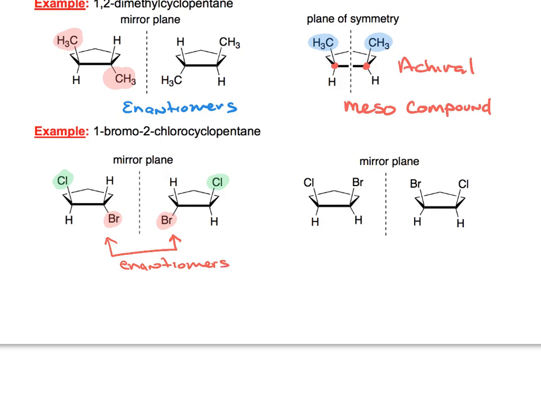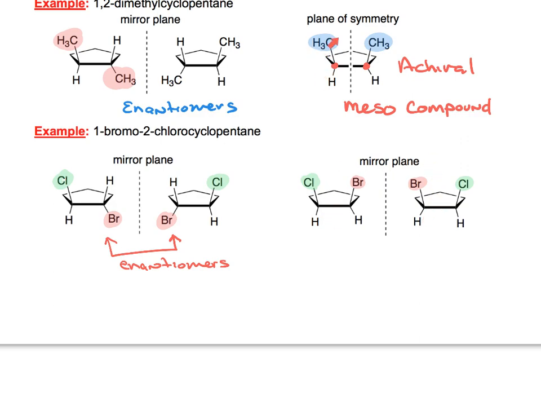We can also look at, in this case, we've got the chlorine and the bromine. They are cis to one another. So here's my bromines. Here's my chlorines. And you notice that because we have two different groups here, there's no plane of symmetry. Even though they're cis to one another, we cannot split this molecule with a plane of symmetry in either of them.